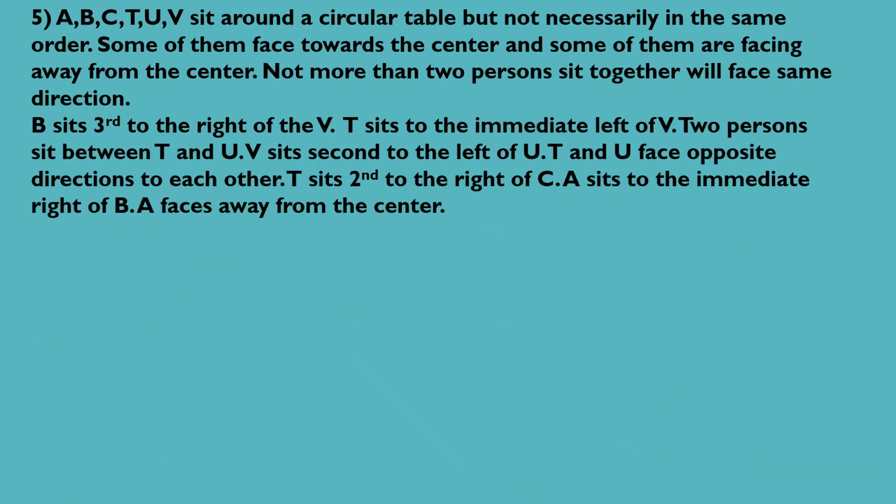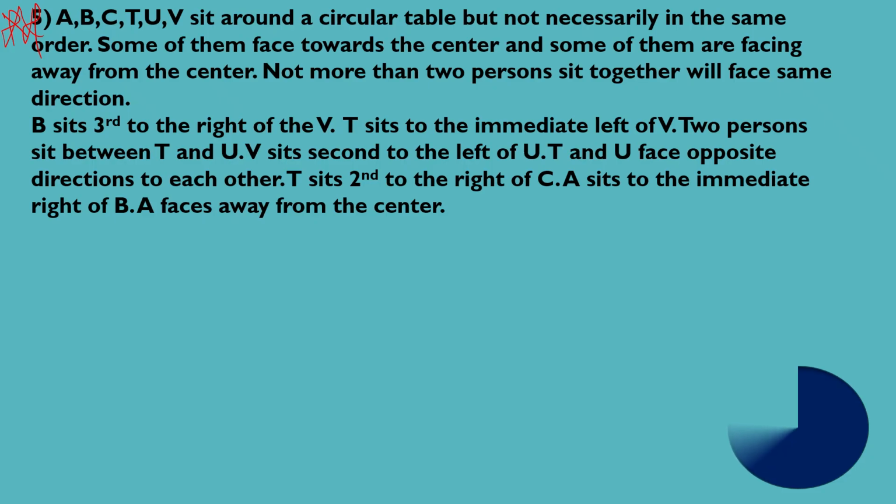Fifth question on your screen and your timer starts now. This is the tricky question. Solve it very carefully. Why am I saying tricky? Because they have mentioned some of them face towards the center and some of them are facing away from the center. So specific direction is not given for any person here.